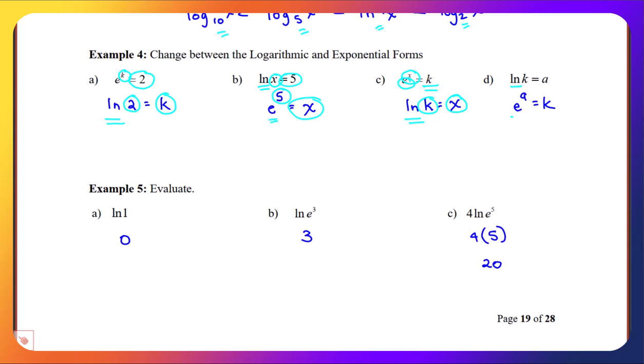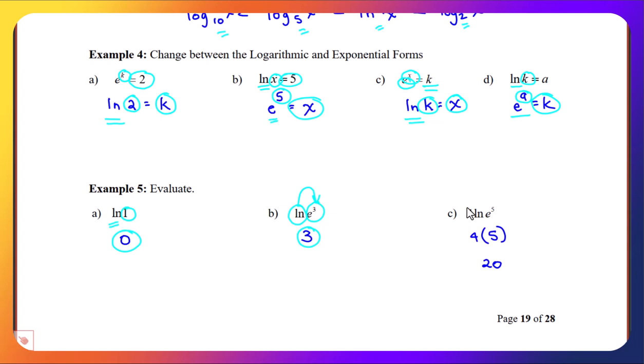The exponent of e that gives us k is a. The exponent of e that gives us 1, well, the exponent that gives us 1 is 0. If this expression has a base e, what is the exponent of e? Well, it's 3.